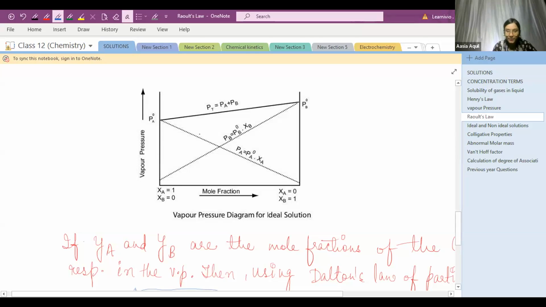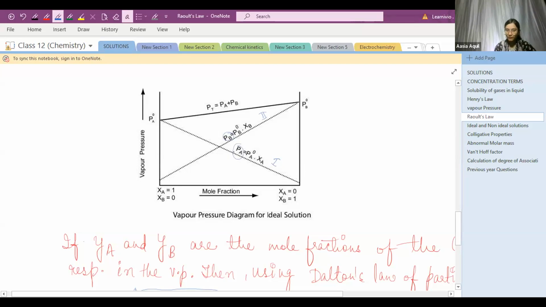So see over here, these two dotted lines you can see, these are dashed lines, right? For example, this is the first and this is the second dashed line, okay? These two show the vapor pressure of the A component and your B component.